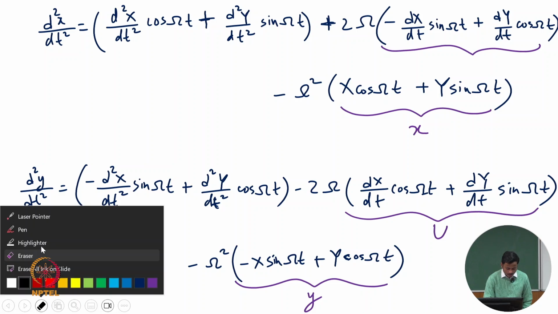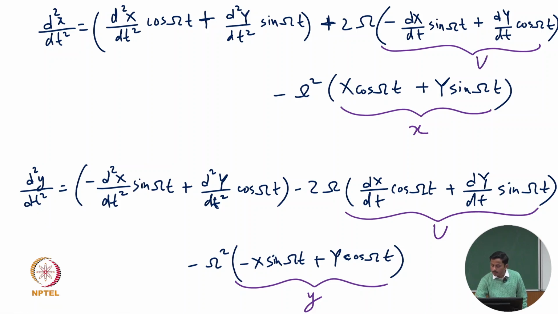This one is capital V. I made a mistake there, so this is capital V. This comes from the earlier decomposition that we had. So capital V, small x, capital U, small y, and these are the double derivatives of the coordinates with respect to the rotating frame of reference, when you are measuring the position with respect to the rotating frame.